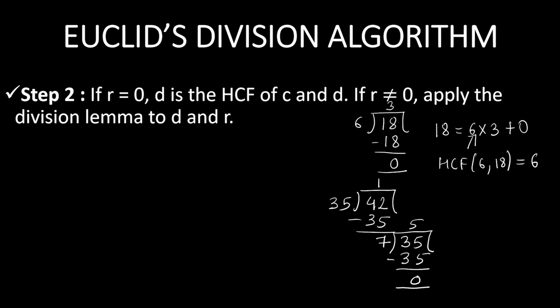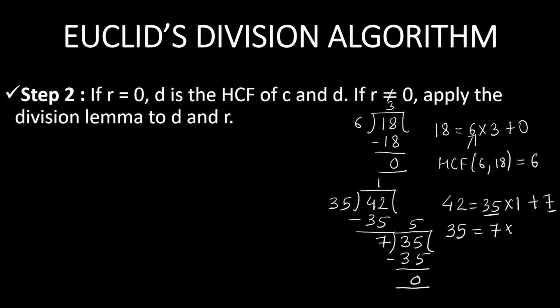Now observe here the steps. 42 is equal to 35 into 1 plus 7. In the first step, we did not get the remainder as 0. That's why we are repeating the step again. What are we doing now? We are taking 35, which is the divisor of the previous step, as the dividend, and 7, which is the remainder of the previous step, as divisor.